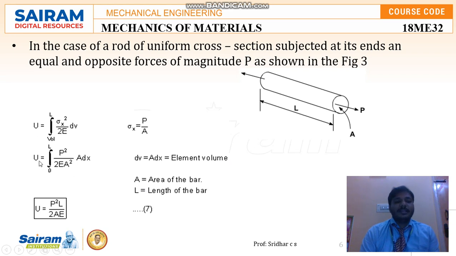By integrating in the same way, this case is for a uniform cross section, which we consider as a rectangular cross section. Similarly, for a uniform cross section, we can write U will be equal to the integral from 0 to L of P square by 2 E A square into A dx. Now to find the internal energy, U will be equal to P square L by 2AE, where A is the area and E is Young's modulus or modulus of elasticity for the given conditions.